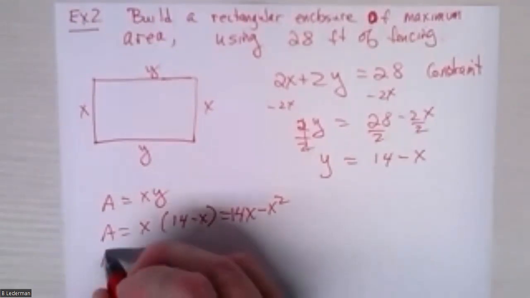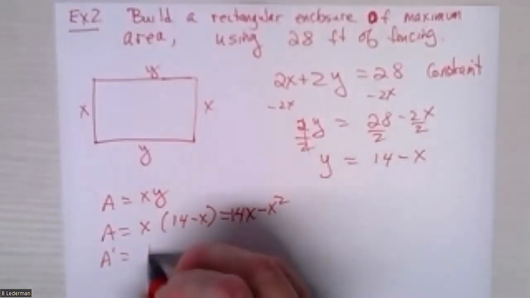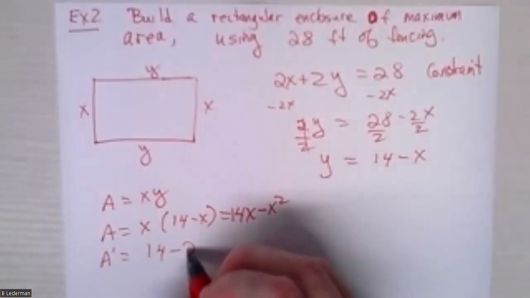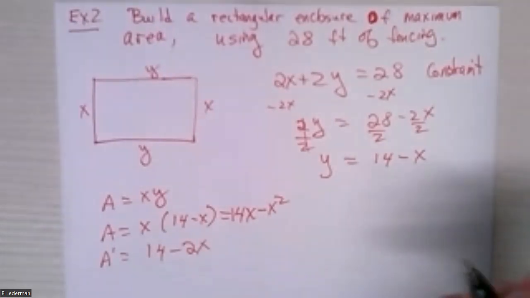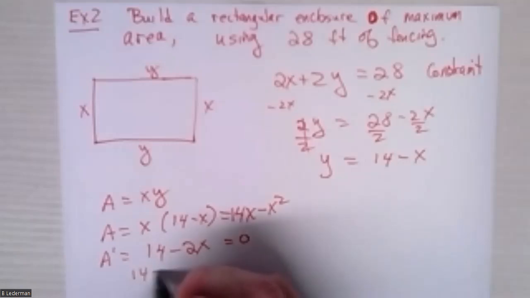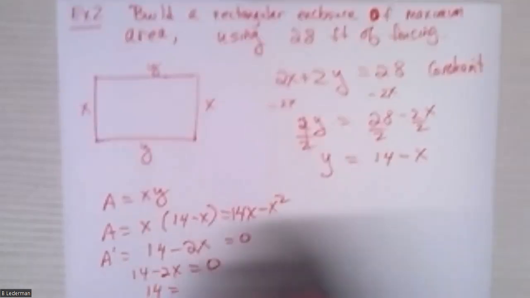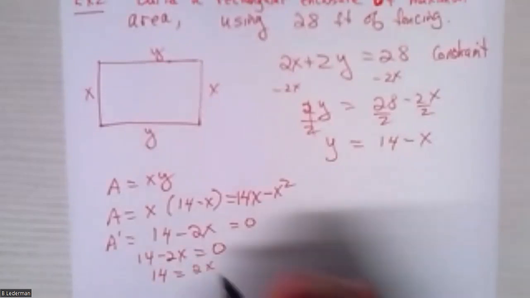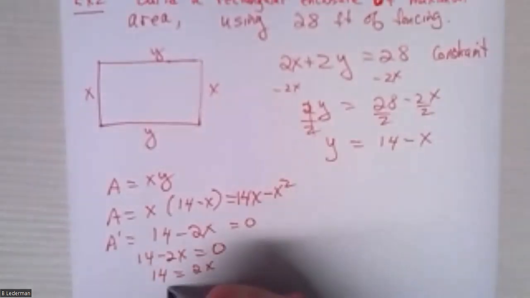A prime is equal to 14 minus 2x. I'm going to set that equal to 0. So I get 14 minus 2x equals 0. 14 equals 2x. And, of course, x equals 7.